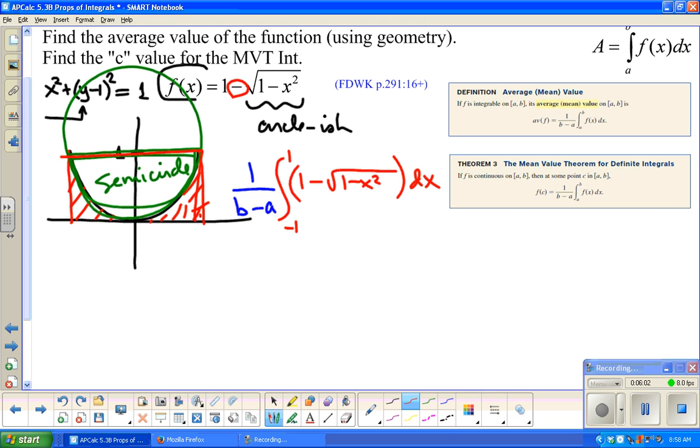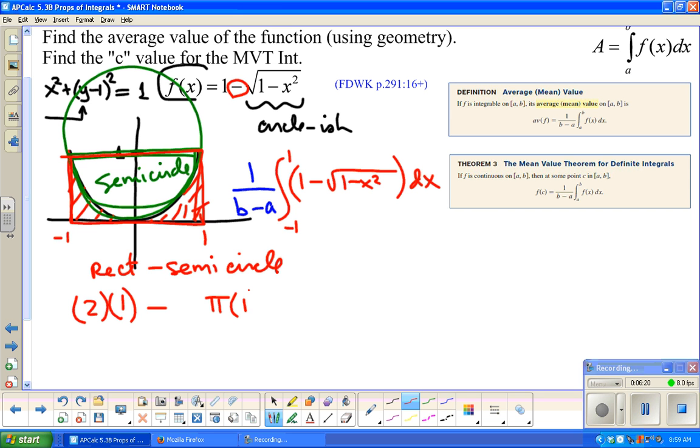The red stuff on the outside comes from a rectangle minus the semicircle. Well, the rectangle from -1 to 1 would be too wide by a height of 1. The area of the entire circle would be pi times the radius squared, but it's only half of it because it's a semicircle.